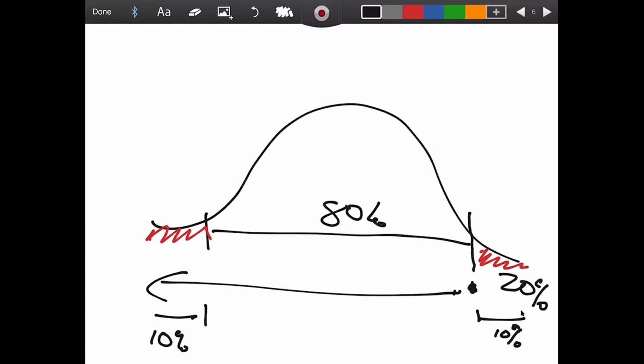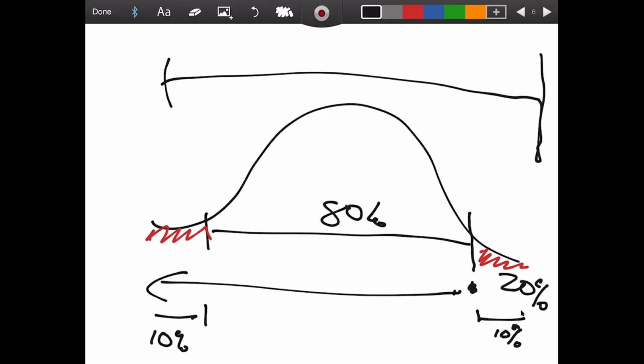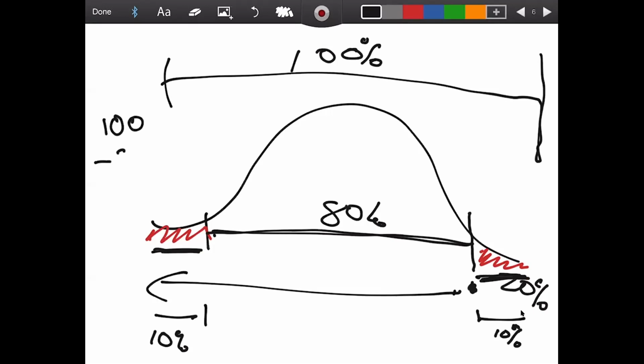Not really, because I don't know why you're concerned with the 10% when you're supposed to be concerned with the 80%. Yes, so we know that the full distribution in here represents 100%, right? And we know that we want the middle 80%. If we want the middle 80%, what's on the edges here has to be equal to one another. Right? And so if we have that 100% minus the 80%, that leaves us 20%.